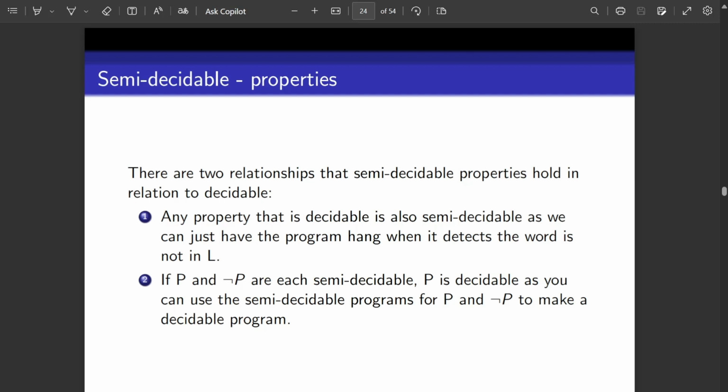Yeah, you can just take the machine and its negation, and then make a decidable machine for it.